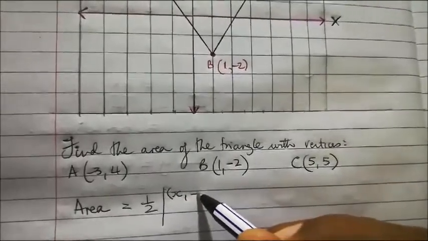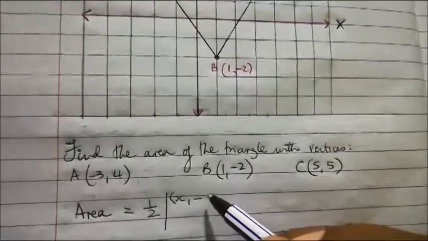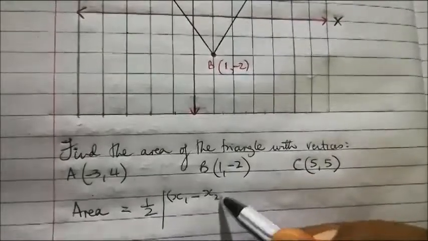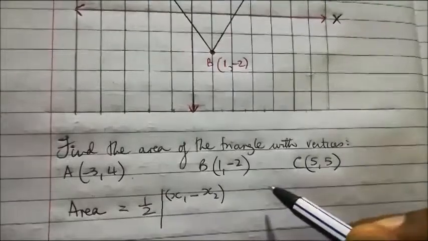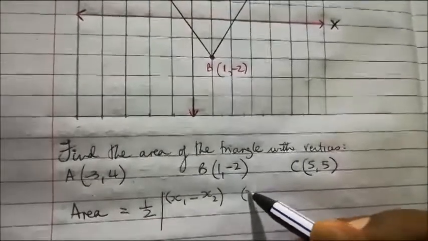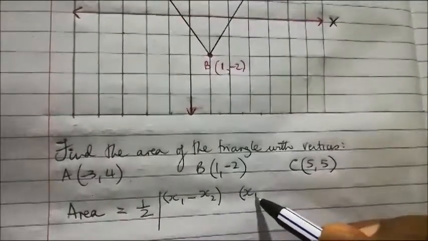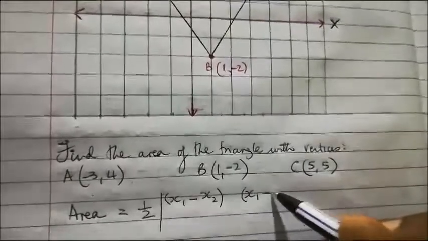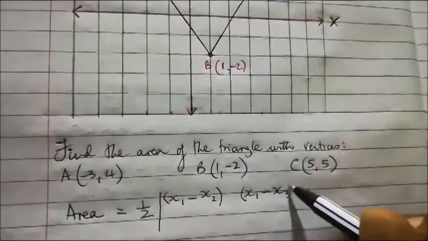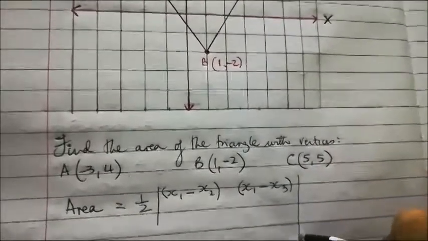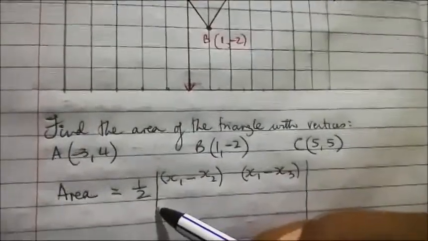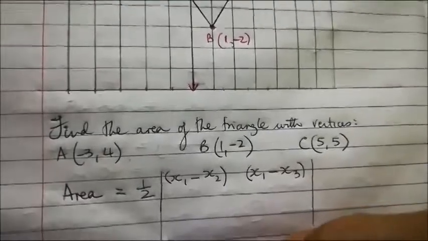x1 minus x2 in bracket here. And we're going to have x1 again minus x3, and we close that bracket. Now this is the absolute bracket, and this is what we normally use to determine the determinant of something, right?